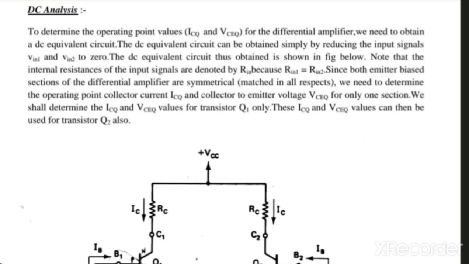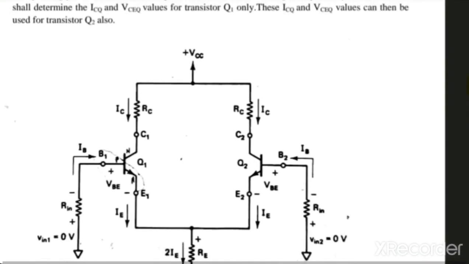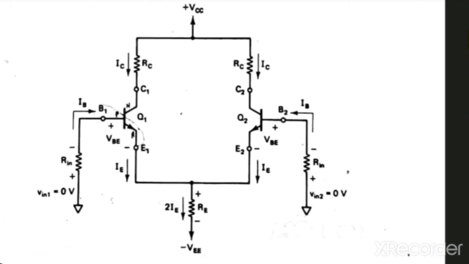Hence, we will determine ICQ and VCEQ values for one transistor only, and these ICQ and VCEQ values can then be used for the other transistor also. This is the DC equivalent circuit of the dual input balanced output differential amplifier. We can see here that V input 1 and V input 2 are equal to 0 volt.